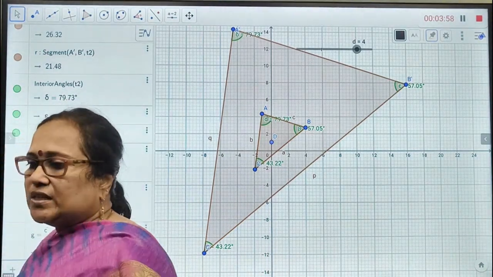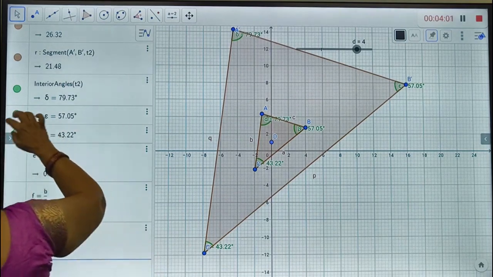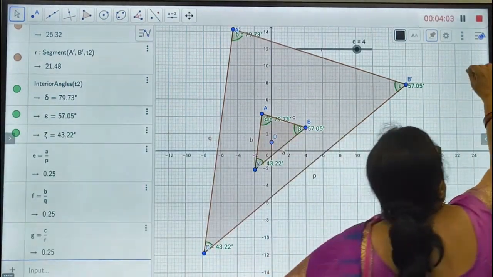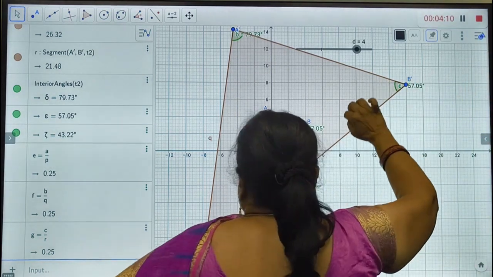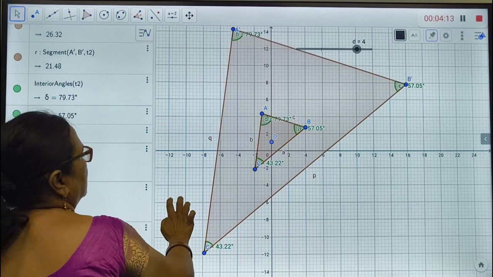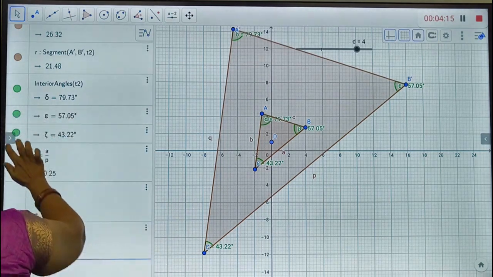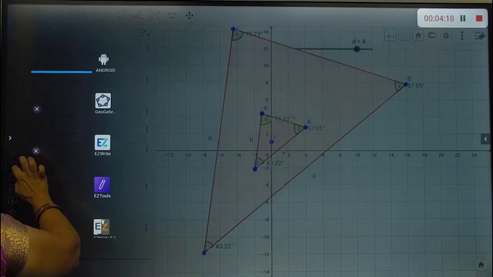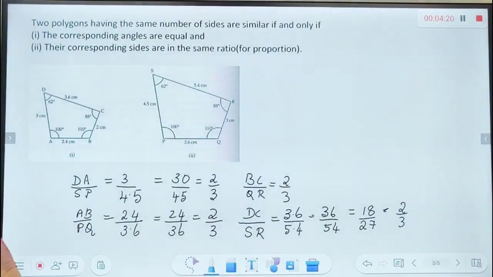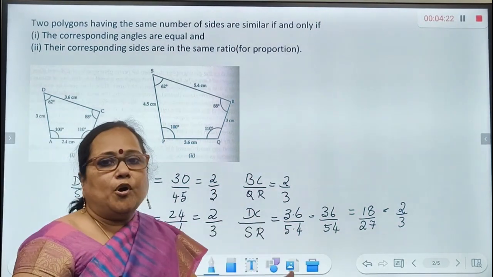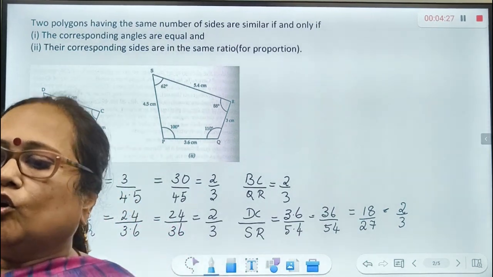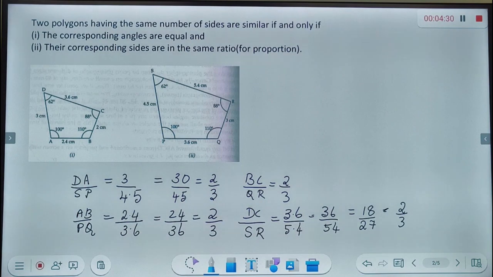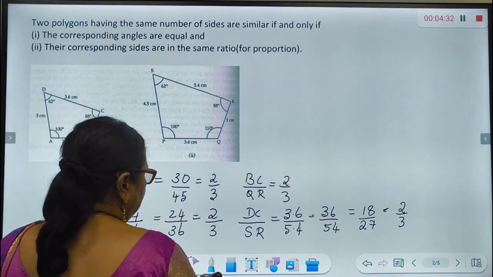Now, we are going to understand a very important property of triangles. Let's go back to this. So we were studying about the proportionality of the sides of the polygon. Now we are going to see another important property.